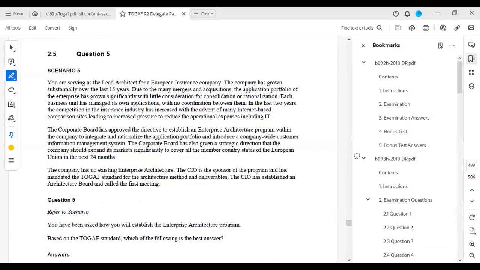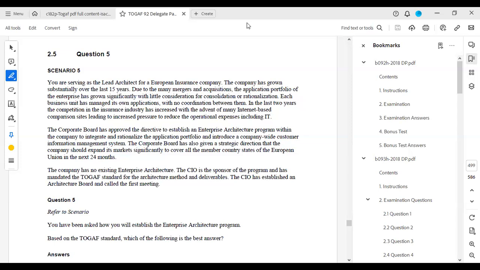Once I'm opening it. Question 5, one second. Delegate pack 1 exercise, I just opened it.